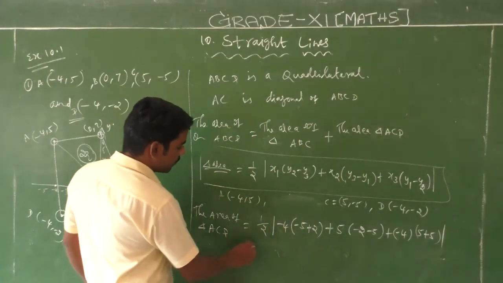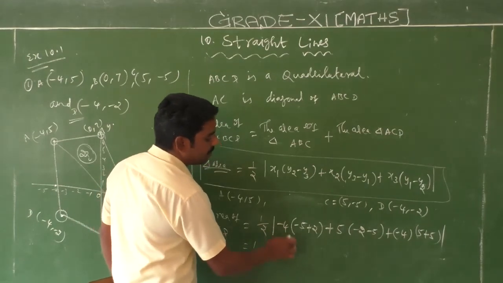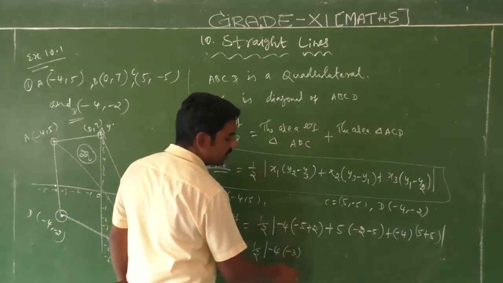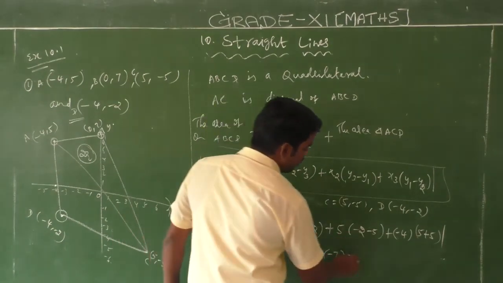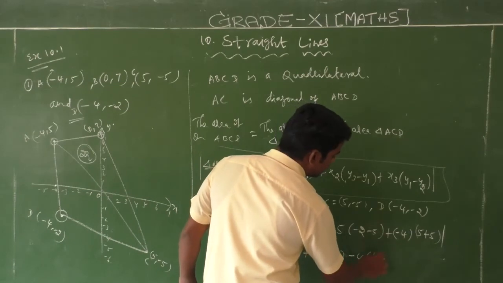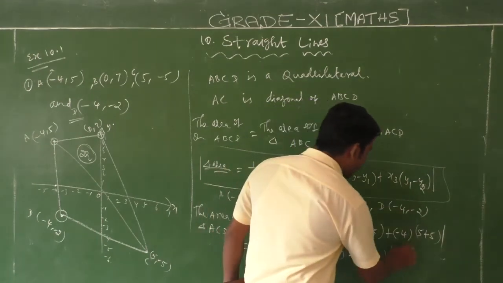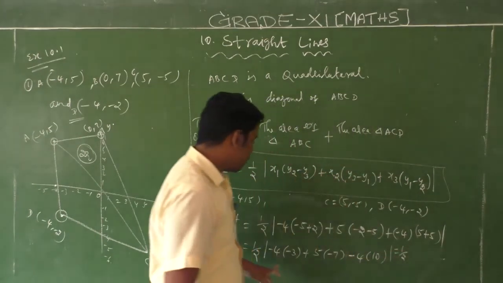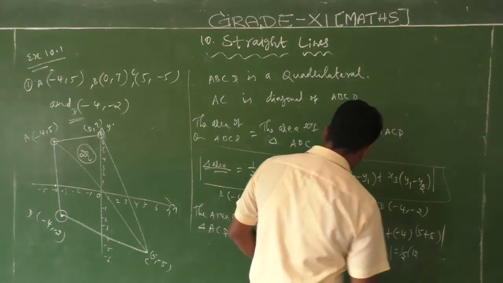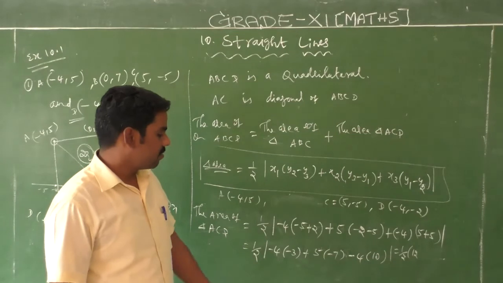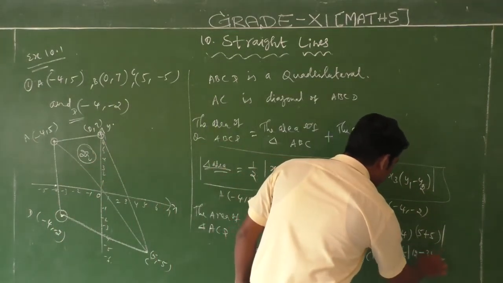Simplify this value. So 1/2 modulus of minus 4 into minus 5 plus 2, which is minus 3, plus 5 into minus 2 minus 5, which is minus 7, minus 4 into 5 plus 5, which is 10. Minus 4 times minus 3 is 12. 5 times minus 7 is minus 35.